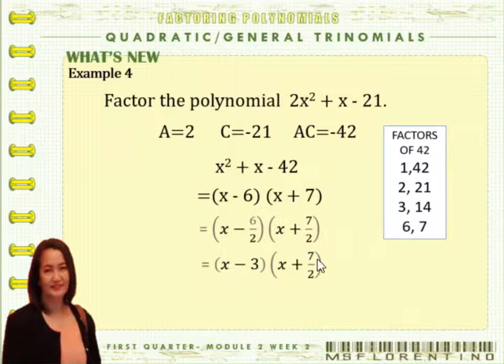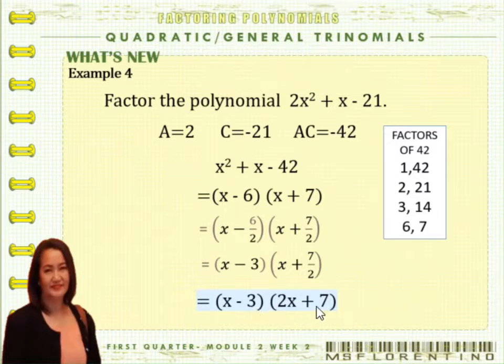If the fraction is no longer reducible, then what we do is to move the denominator of the fraction to the coefficient of x. So our equation will now be x minus 3 times 2x plus 7, which is now the factors of 2x squared plus x minus 21.